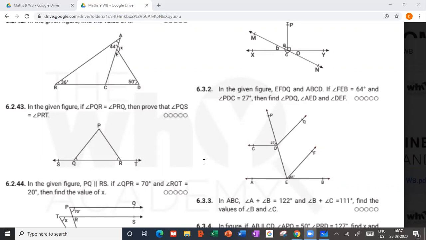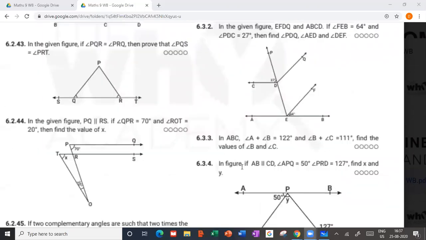And can you also solve the next question, 6.3.3? Okay, sure. Third one is quite different. Let's do it. They should have written somewhere, triangle ABC.